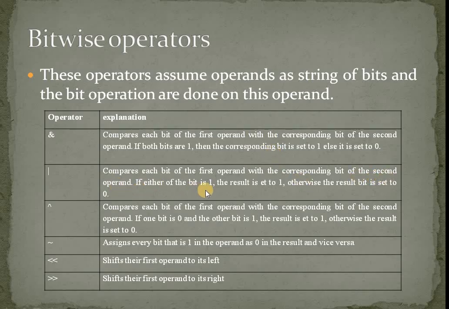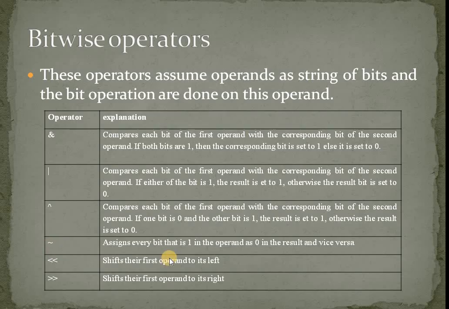If either of the bits is 1, the result is set to 1, otherwise the result bit is set to 0. Next, XOR compares each bit of the first operand with the corresponding bit of the second operand. If one bit is 0 and the other bit is 1, the result is set to 1. Otherwise the result is set to 0.